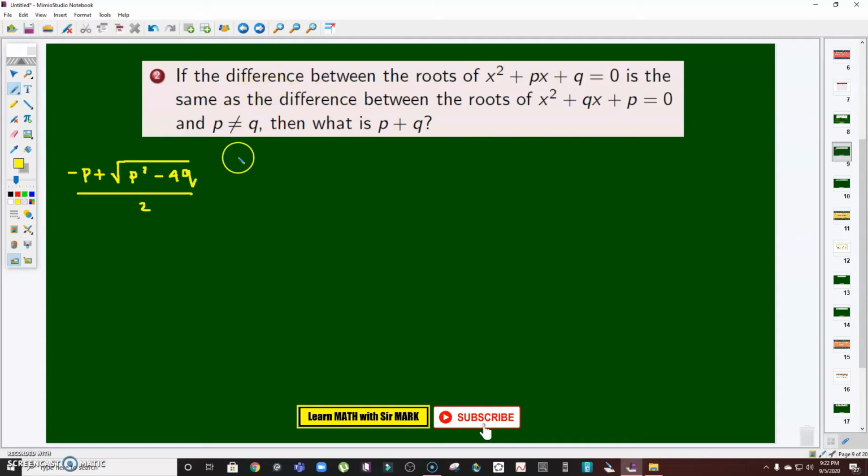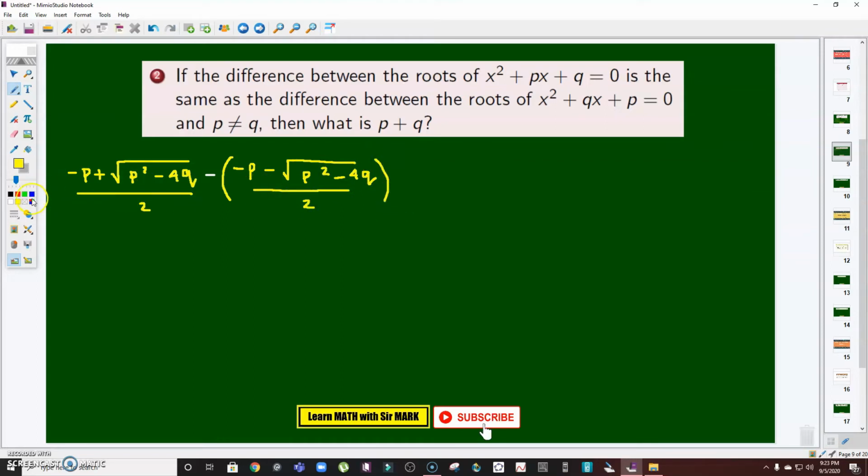Difference, so minus the other one, which is negative p minus, why minus? Remember, in the quadratic formula, it's always plus or minus. So minus square root of p squared minus 4q, all over 2.